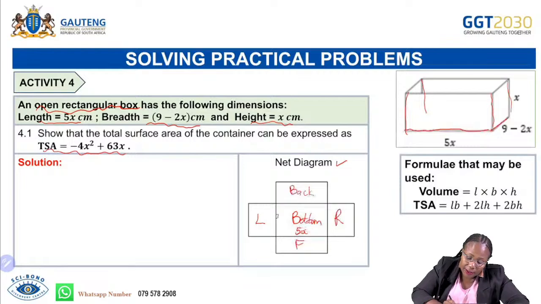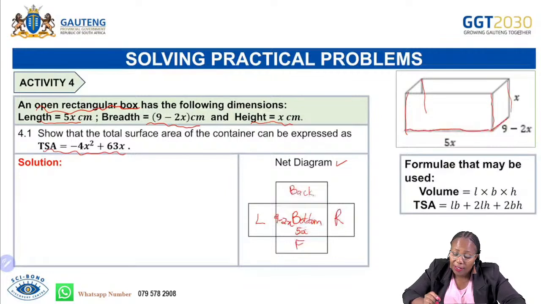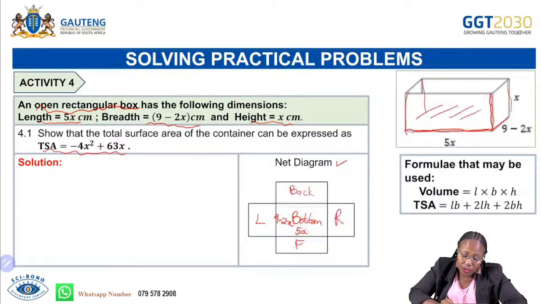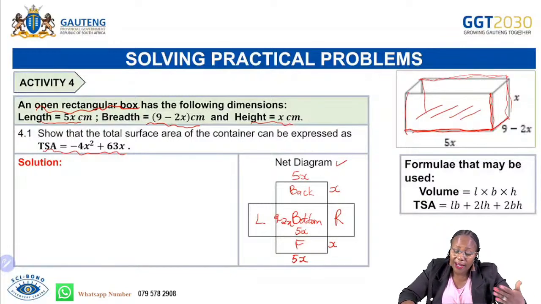That will be 5x by 9 minus 2x. And then now the front part is this one here. We'll be having 5x by x. So this one front will be 5x by x. And then the same applies with that side at the back there. They take the same dimension. This is also 5x by x. And then now we look at the left and right.